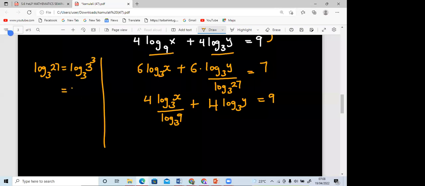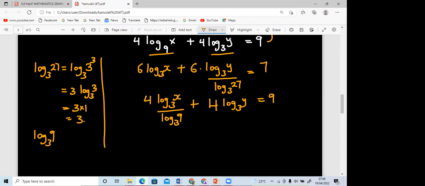Meaning that when I drop the power, I'll have 3 log of 3 base 3. But what is log of 3 base 3? It is 1. I end up with 3 times 1, which is the same as 3. So where I have log of 27 base 3, I'll write 3. When I click back here, I have log of 9.